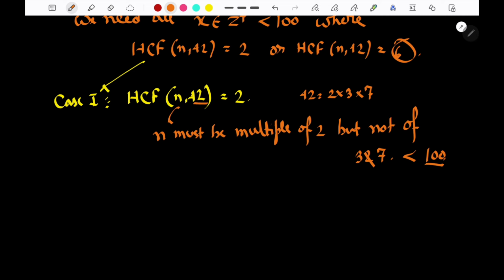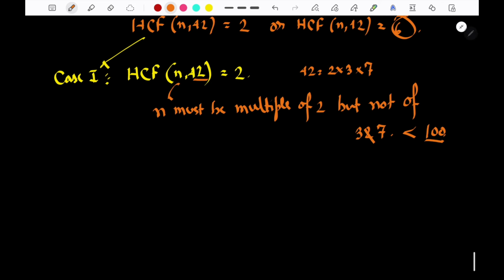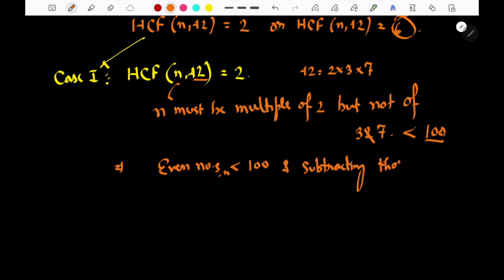It means that first we need to find even numbers n less than 100, and subtract those that are multiples of 3 and 7.